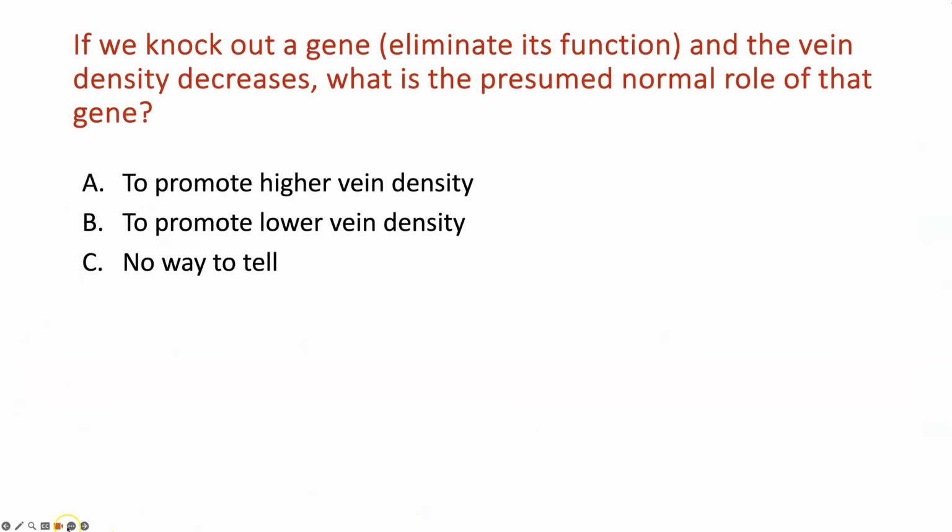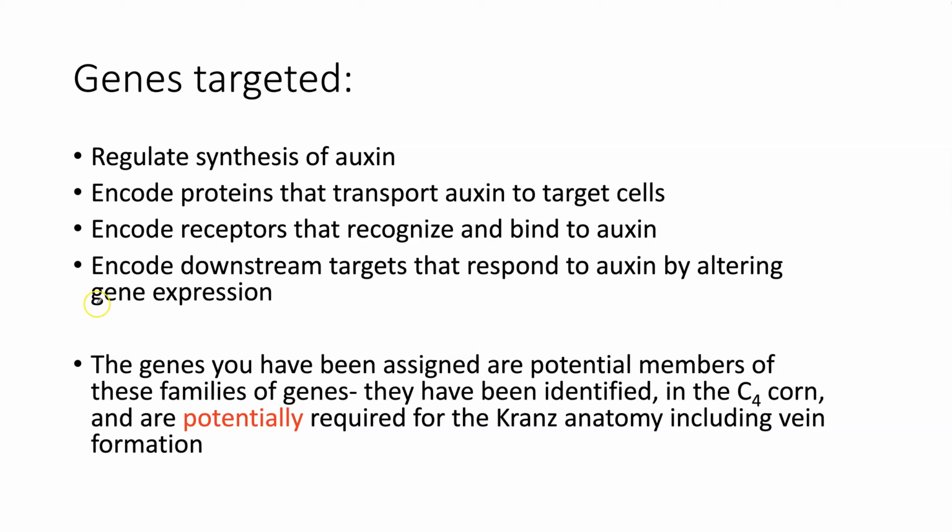Okay, clicker questions. So the genes that we've targeted, that Jim and his students have targeted, regulate the synthesis of auxin, right? So they're transcription factors that are involved with generating those enzymes that are required for making auxin, or the transporters.